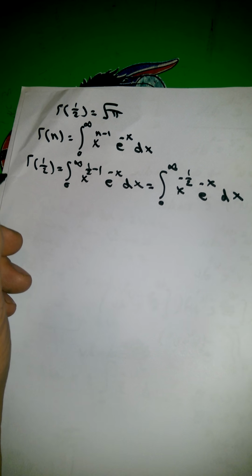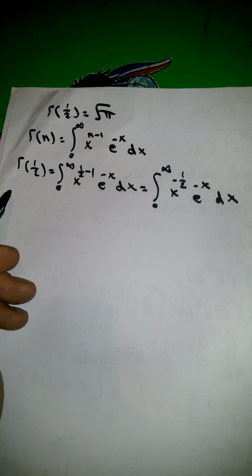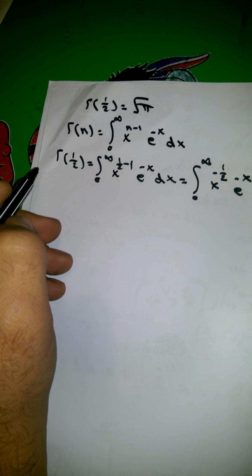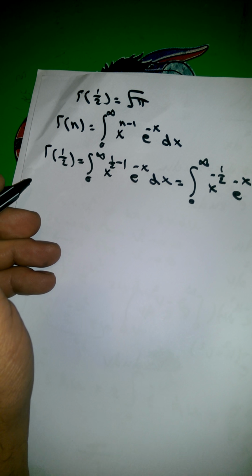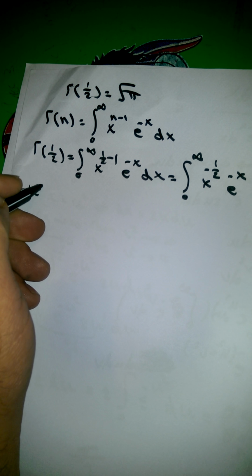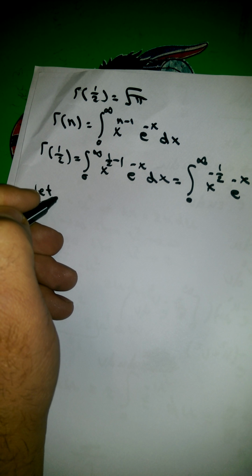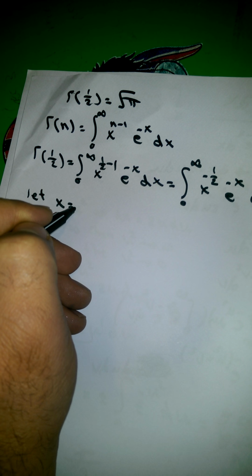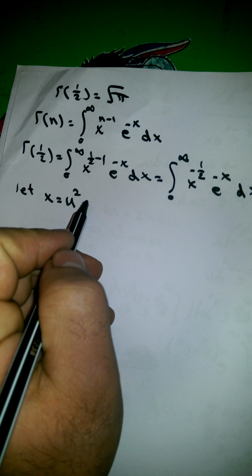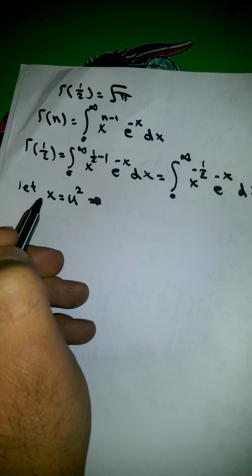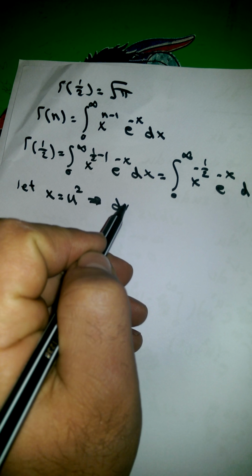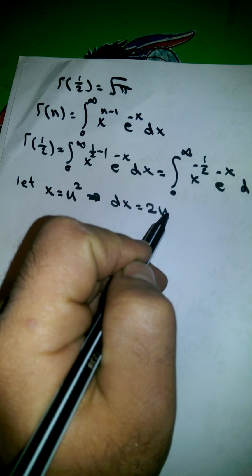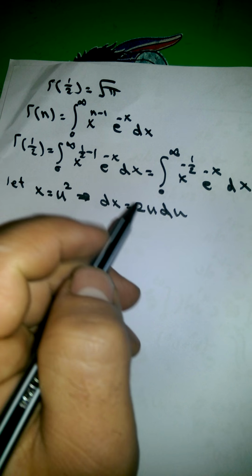And we let, it's a very important part of the proof, we let x equal to u square, and by the way, dx is equal to 2u du.